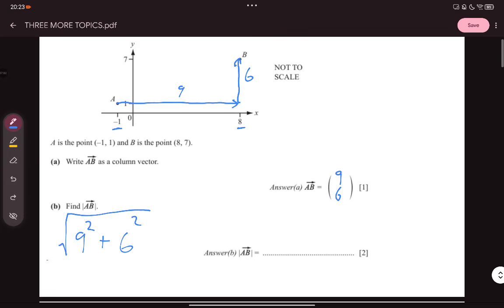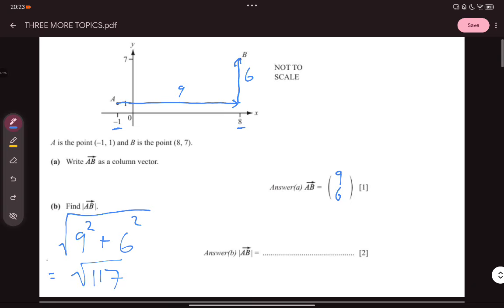So that's 117. Well, 117 is not a square number, so calculator job here. So that's square root of 117. I think I'll write down my calculation and the square root of 117 here, just to make sure that I do get all the marks in this question.